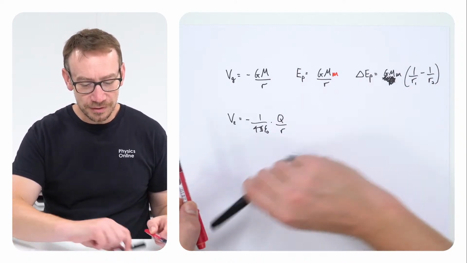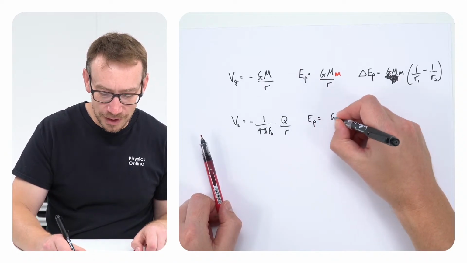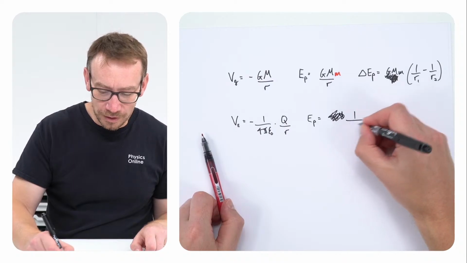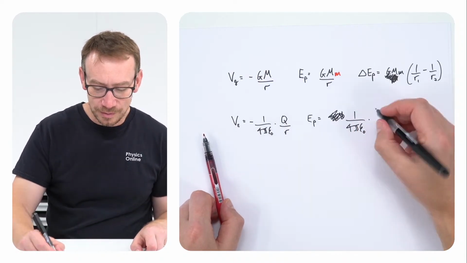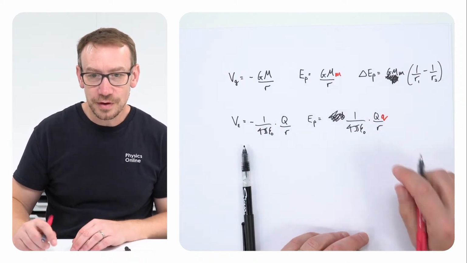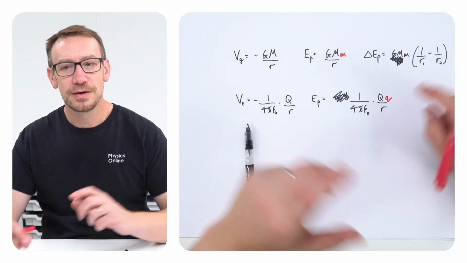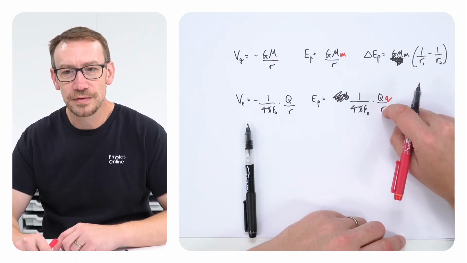We get the same thing when we look at the electric potential. This is going to be equal to not Gm, this is 1 over 4 pi epsilon naught times Q over R. It doesn't matter if we talk about Q1 and Q2, big Q, little q. This is just looking at the sum of the two charges over the distance between them.